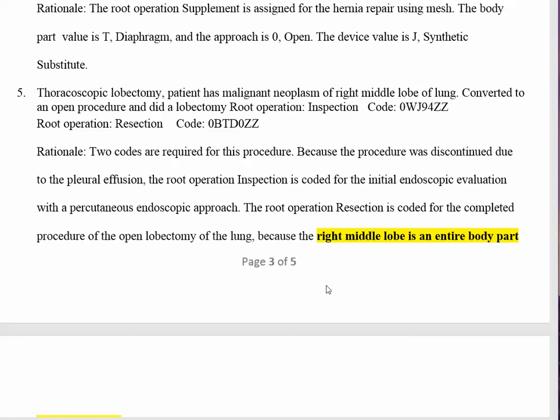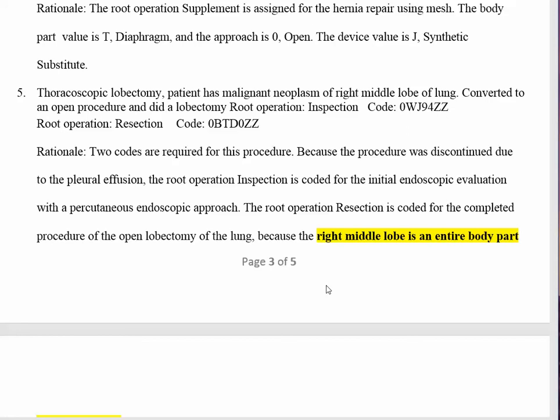And though the physician was doing an endoscopic procedure, because of the pleural effusion, the surgeon had to convert the endoscopic to an open procedure, and then did a successful lobectomy. So this surgeon removed an entire lobe of this patient's lung due to the patient having cancer.